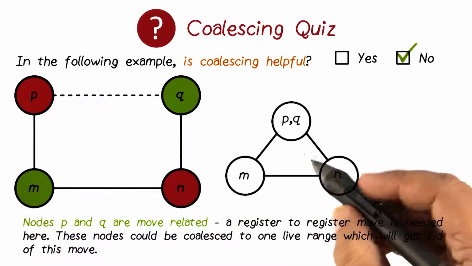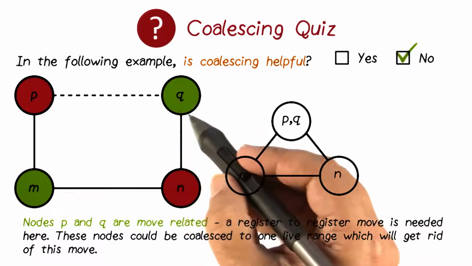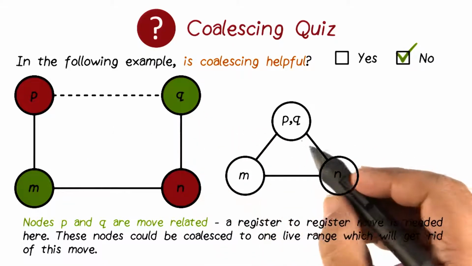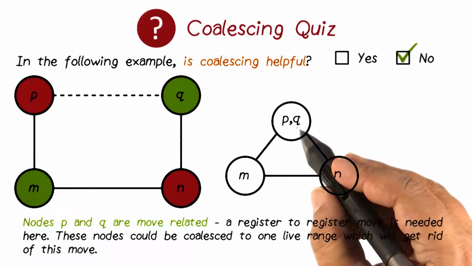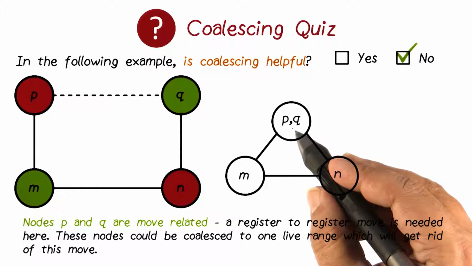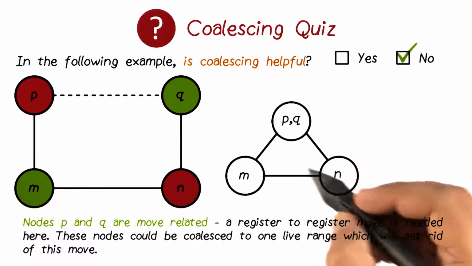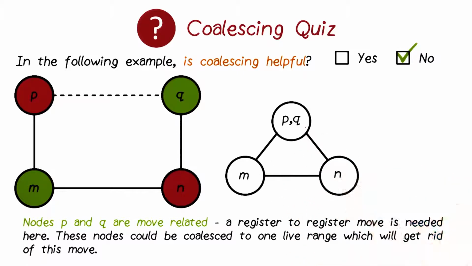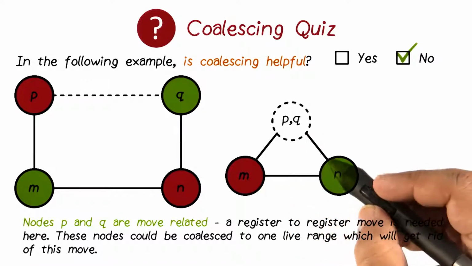Now let us see what happens if we coalesce these two nodes or merge them together. What we get is now this kind of a graph in which we have P and Q merged together as one node, and that one unified range now interferes with both M and N. In other words, we form this type of an interference graph here. Now let us look at the coloring aspect of this particular graph.